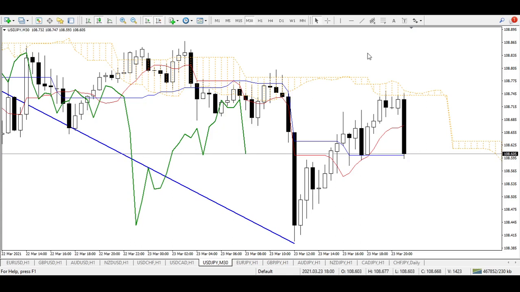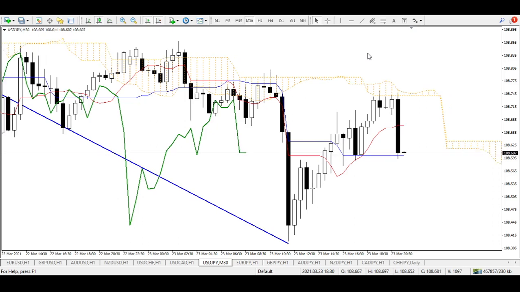So our criteria on half an hour time frame has been fulfilled, and I have placed my sell limit at 108.64. I believe the market will retrace to the upside a little in the next candle, and my sell limit will be activated. Now let's talk about the conditions that the market should meet on 1 hour time frame.